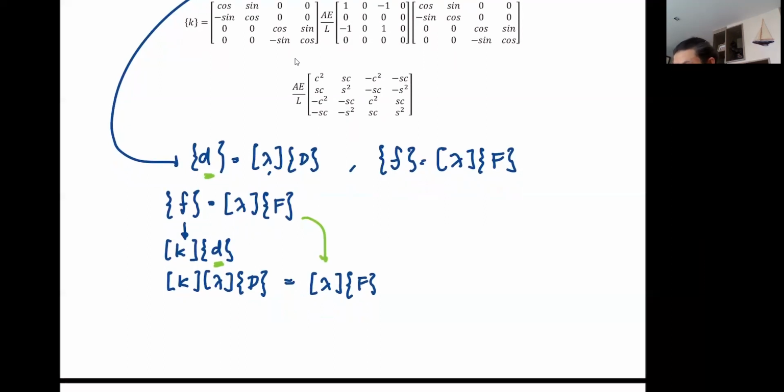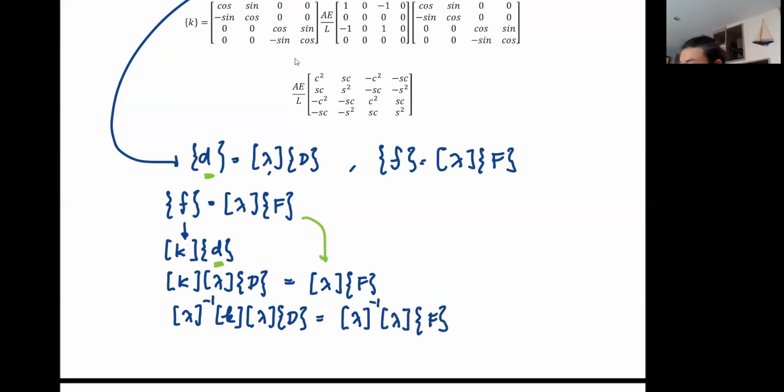I am going to get rid of the transformation matrix by multiplying with its inverse. So now I have the inverse of this transformation matrix multiplied with K of the local and then lambda and then D. On the right side, I now have put the inverse of the transformation matrix against its own.